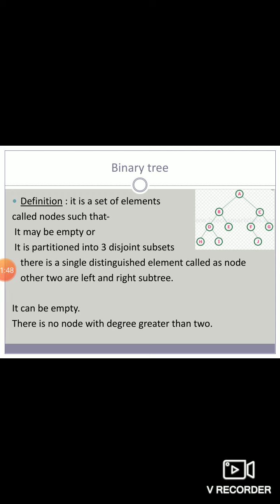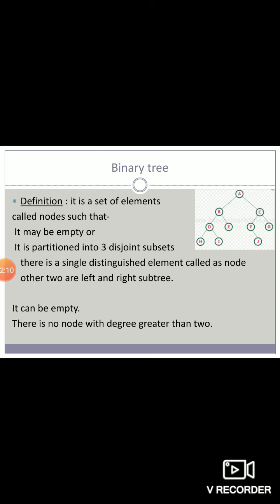For any node, the number of children can be any number. But in the binary tree, there is a restriction on the number of children for any particular node.